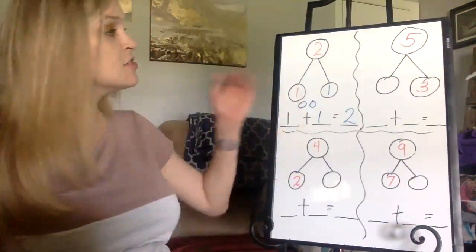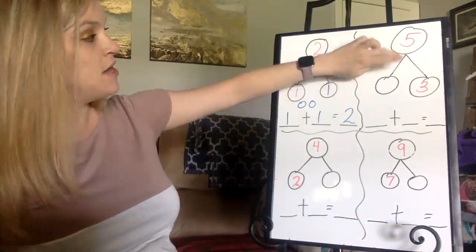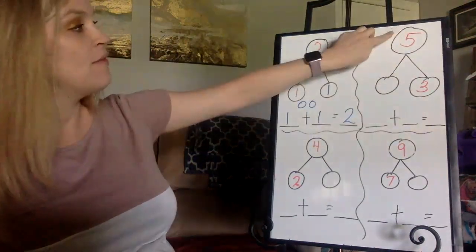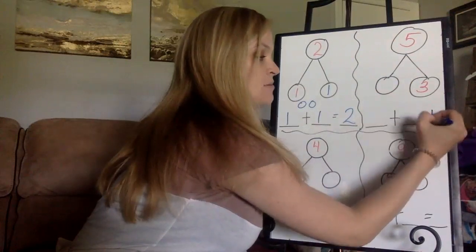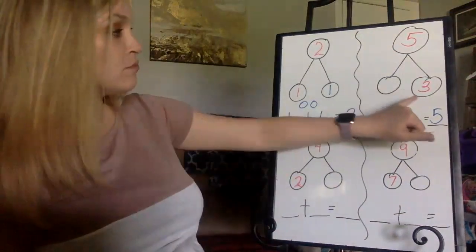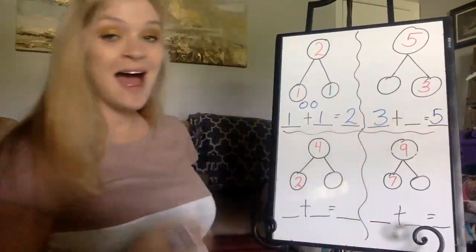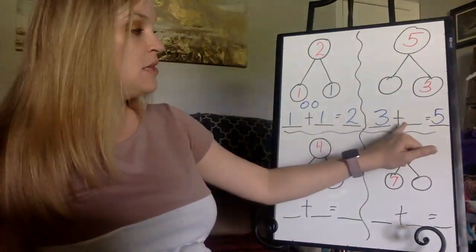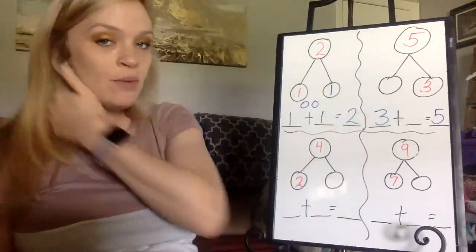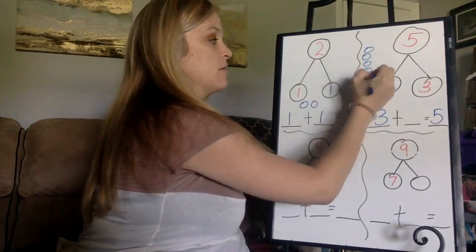Okay, let's look at our next one. I have 5 on top, and that's my answer. I'm trying to figure out something that equals 5. Then I have 3. So what does 3 plus blank equal 5? One way I can solve this is to draw 5 circles. 1, 2, 3, 4, 5.